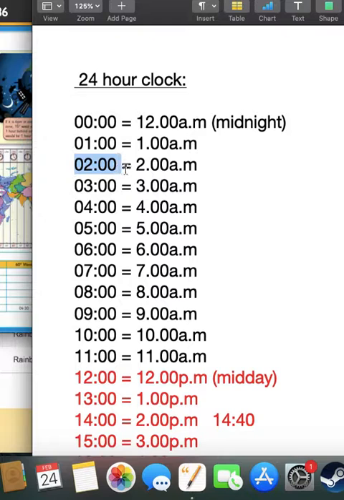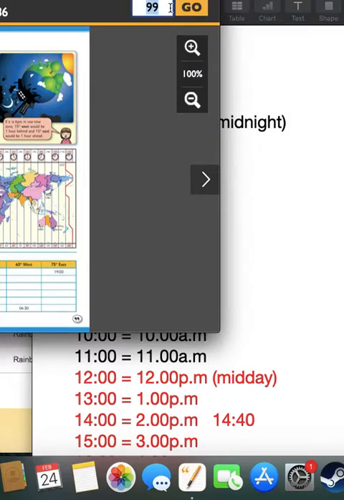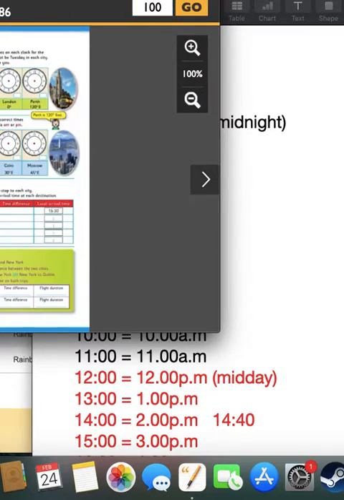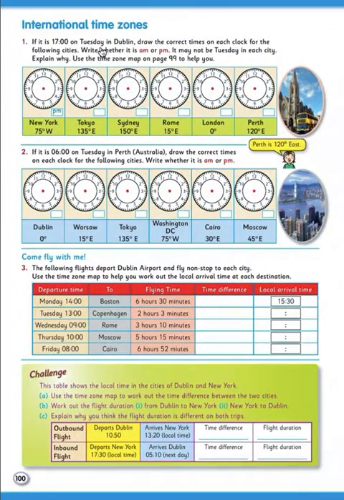It's going to be 2 a.m. in the morning of the next morning, Wednesday morning, because remember it is 5 o'clock on Tuesday here, but because it was 9 hours added on, we crossed the midnight line from Tuesday into Wednesday, and it was going to be 2 a.m. on Wednesday for this one, and you continue on for the other cities.